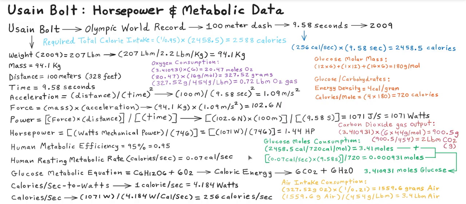We quantified 256 calories per second for 9.58 seconds, so a total of 2458.5 calories were put into actual yield of caloric output. But at 95% metabolic efficiency, it would require 2588 calories of food consumption in the form of glucose.